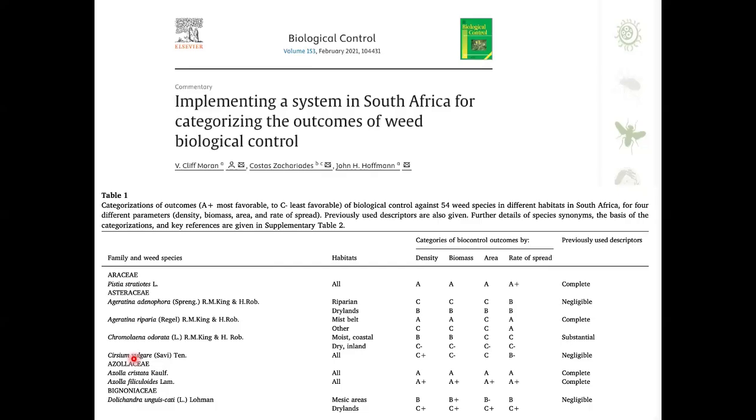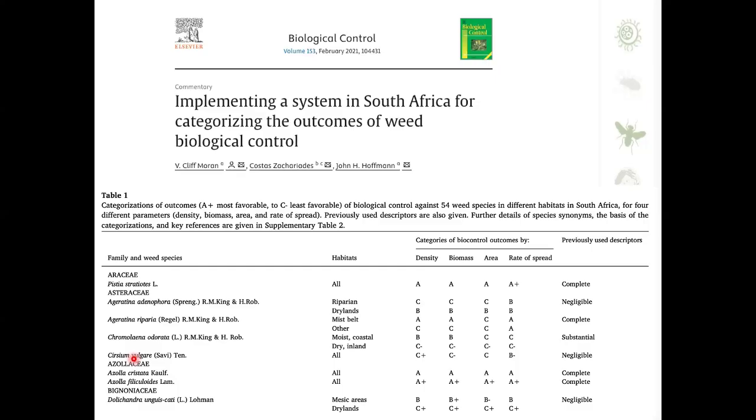So in South Africa, we've got a rating system for our biological control programs to categorize the outcome of the weed biocontrol. This was originally a fairly simple system with complete or negligible or substantial control, and we realized over the years that we needed a more nuanced approach to this.